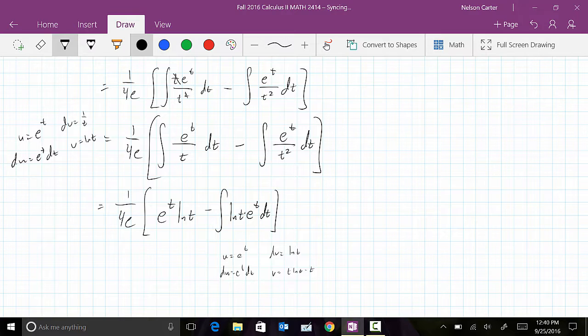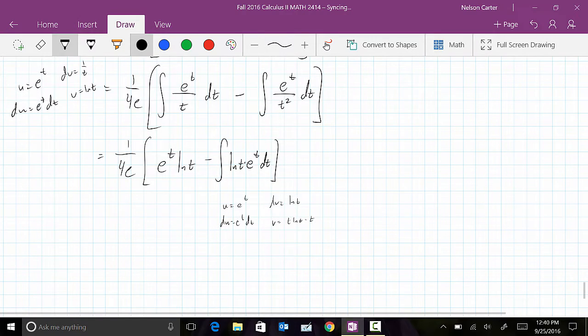And then u times v would be that, which is fine, minus the integral of v du. Yeah, it's gotten worse, man. No, I don't think this is the way we're going to want to go at all.